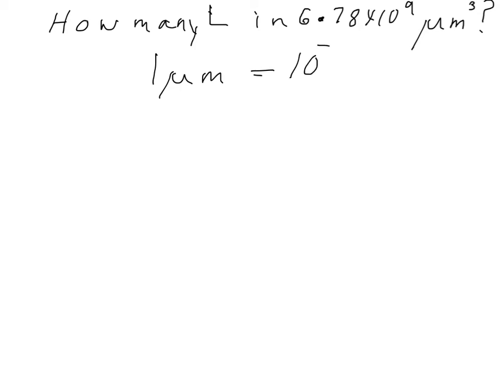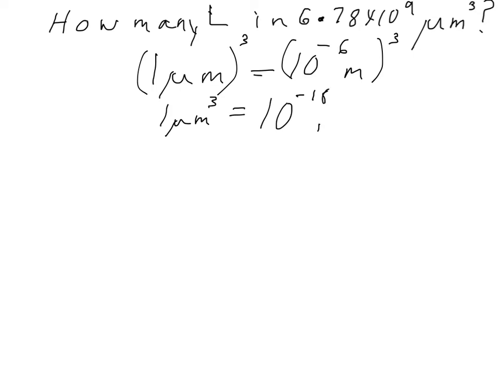We know the linear relationship is 10 to the negative 6th, so we can cube it. And that's an 18, in case you can't remember. All right, so that's one relationship we know.